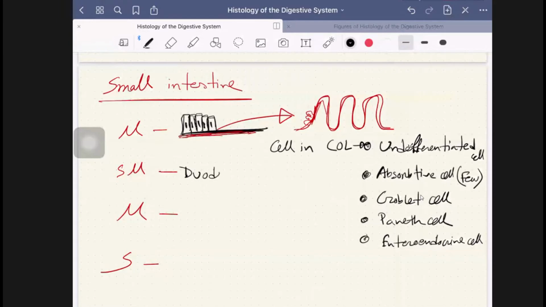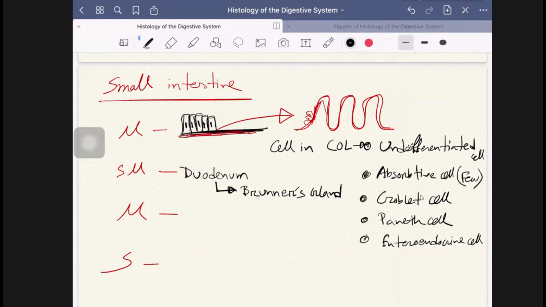Whenever you get the slide of duodenum, you will be asked, how will you identify this slide as duodenum? You will say that presence of gland in the submucous layer. Then the second question will be, what is the name of the gland? The answer will be Brunner's gland.